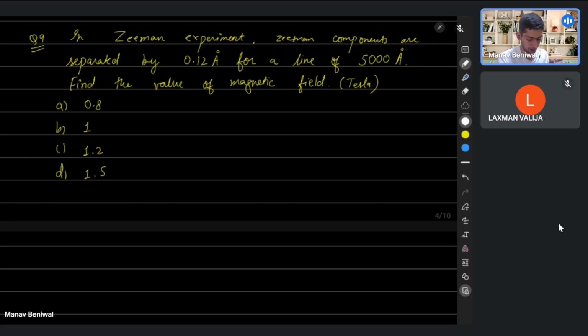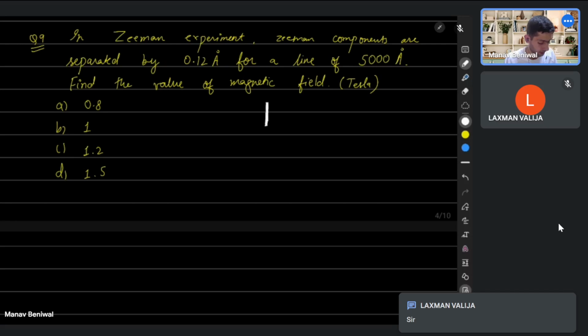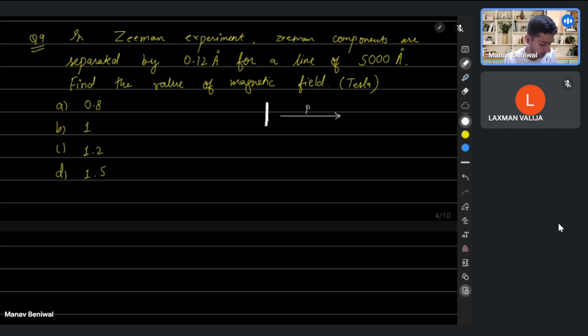so what happens in the Zeeman experiment is, earlier, let's say in the spectroscope we are observing one line, but then on applying a magnetic field, this line splits in two parts, very fine two lines.